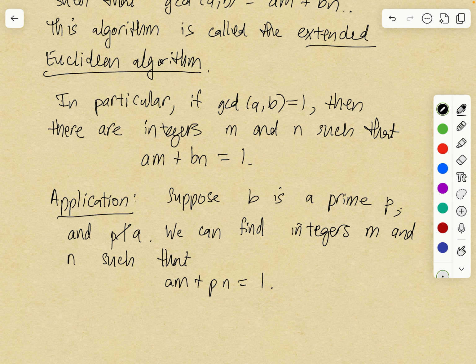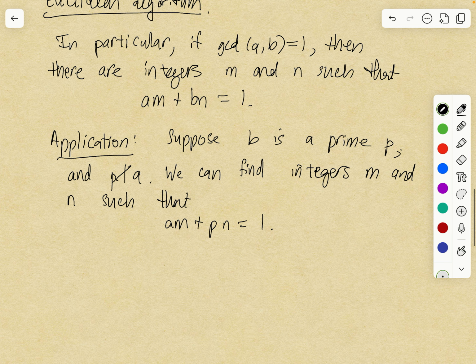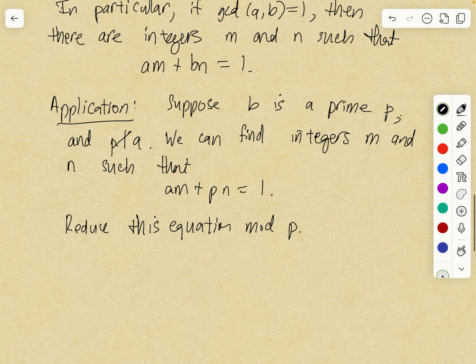Okay, now what happens if you reduce mod p? Then, well, the pn is going to reduce to 0, so you're going to get a times m is congruent to 1 mod p.